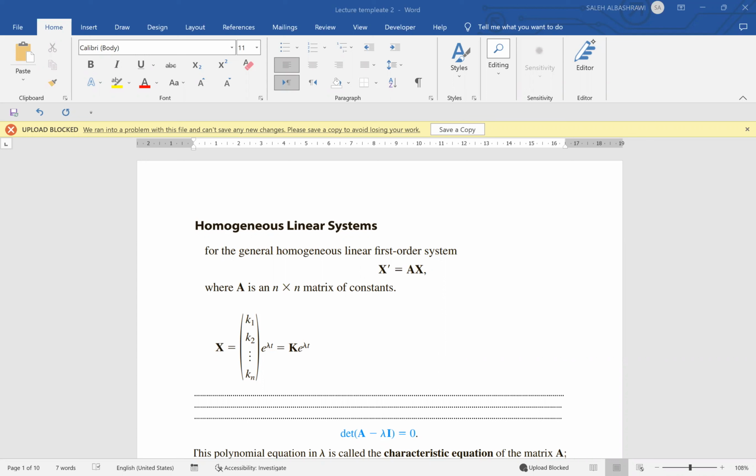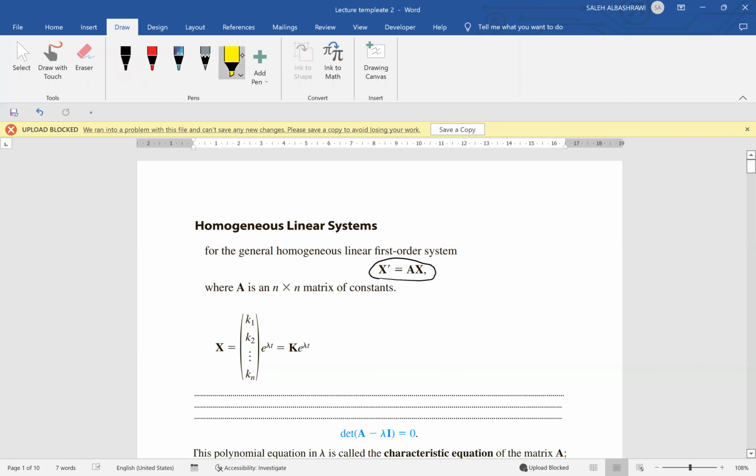A linear first order system is written as x prime equal to A x. This is the general form for the homogeneous system, where A is an n by n matrix. And x prime, this notation means dx by dt.